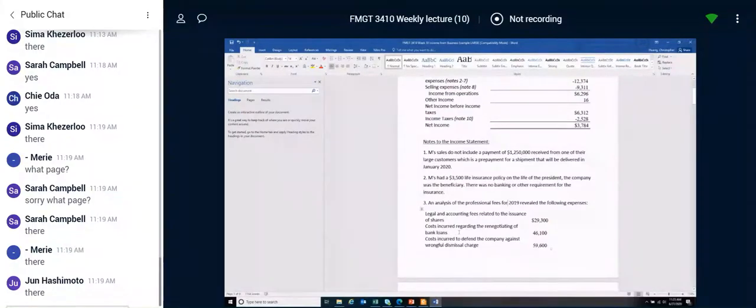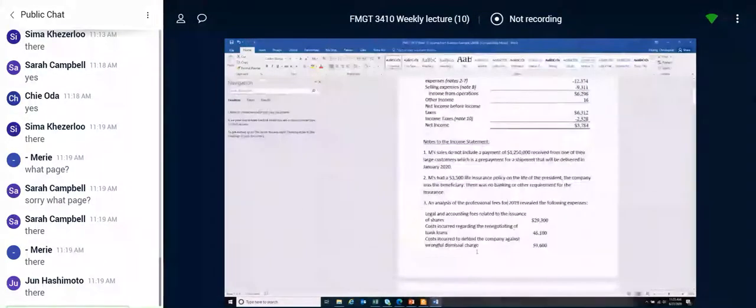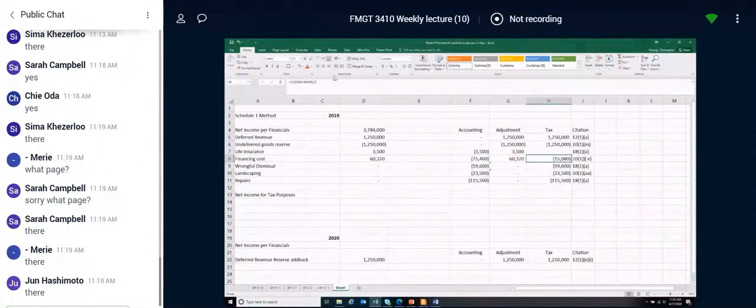The renegotiation of the bank loan, that also would be caught. Okay? So both of those would be caught under 20(1)(e). So if you take those two numbers, accounting deducted 75,400. Tax says, no, that amount, you can only deduct 20% a year, or you must deduct over 5.